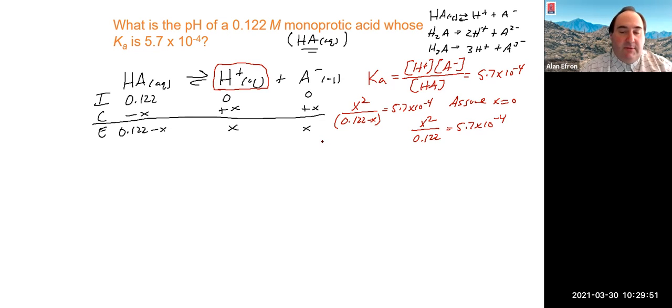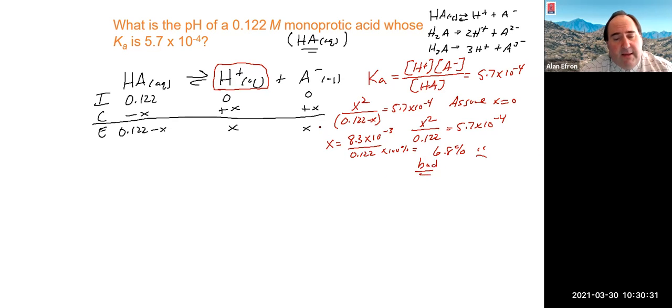Taking our 0.122 to the other side and multiplying it by 5.7 times 10 to the minus 4 and taking the square root of it, we get an x value here of 8.3 times 10 to the minus 3. We want to check it by dividing that by 0.122 and multiplying by 100. If we do that, we end up with 6.8%, which is greater than 5%. So this would be a bad assumption in this case.